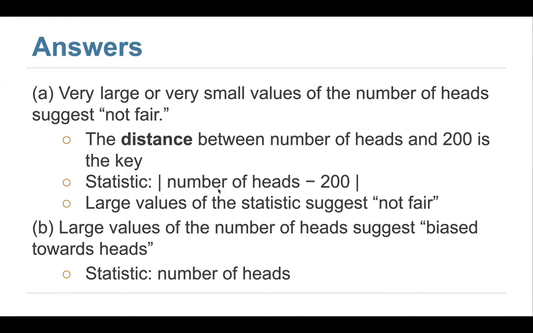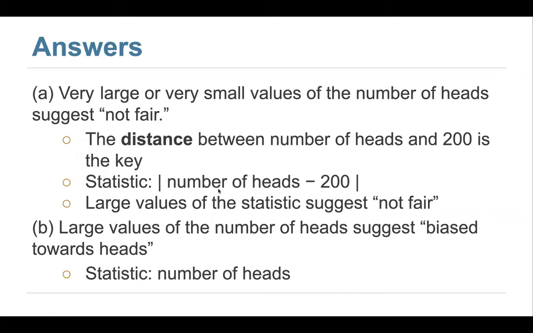What counts as large? Typically, we're just talking about bigger positive values. So the more positive it is, the larger it is. So if you look at the case of situation A, you're taking the absolute value of the number of heads minus 200. That's essentially saying that the larger that number is, the more positive it is, the more evidence for the alternative. Whereas the closer that number gets to 0 or negative, the more evidence for the model.